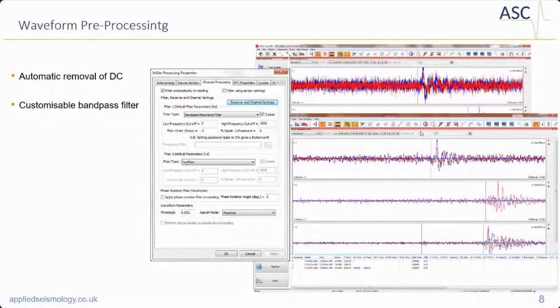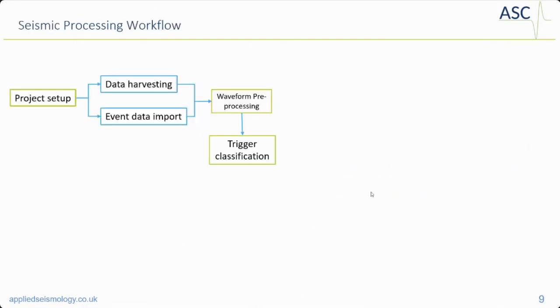In the full version, you have other options for filtering. You can combine two different filters, or you can use your own filter if you have the function you want to apply. So this is just pre-processing, and the next step will be classifying our triggers.